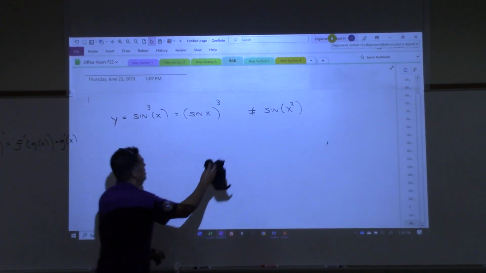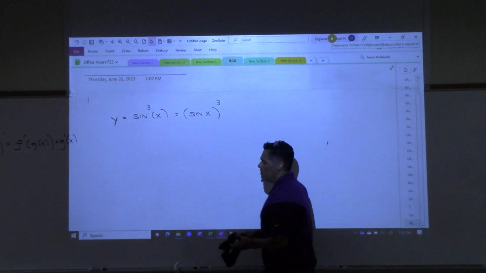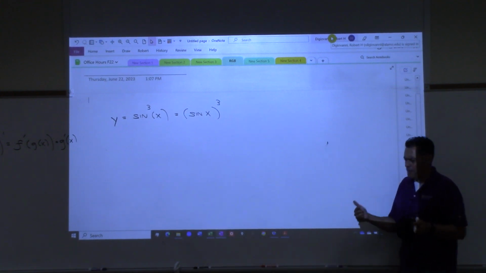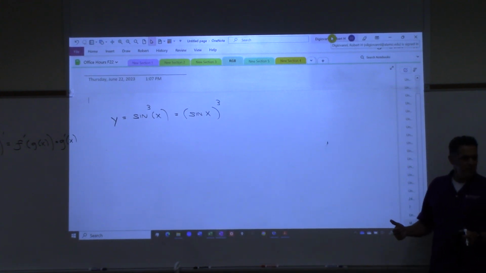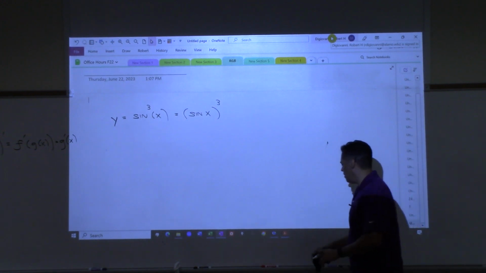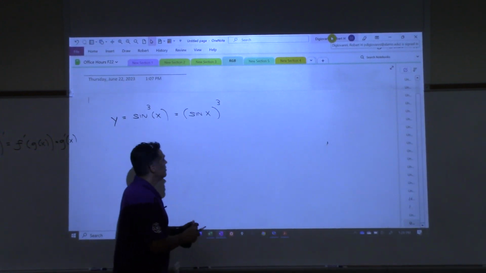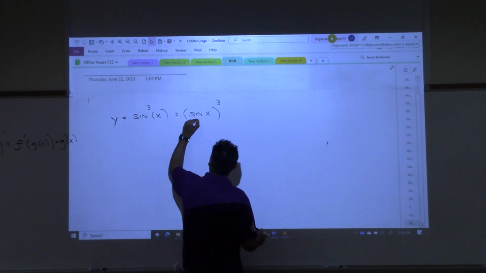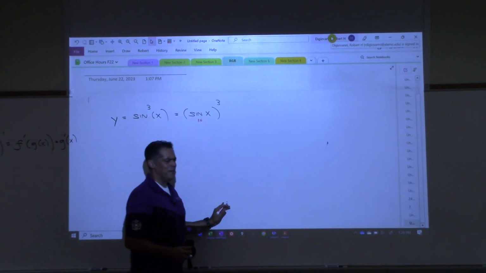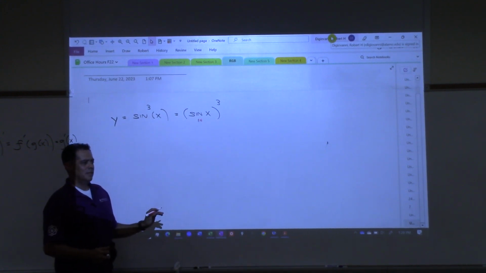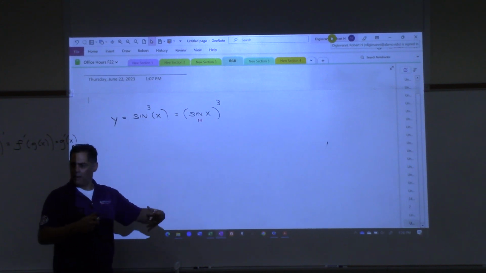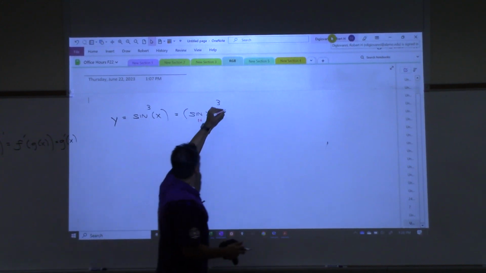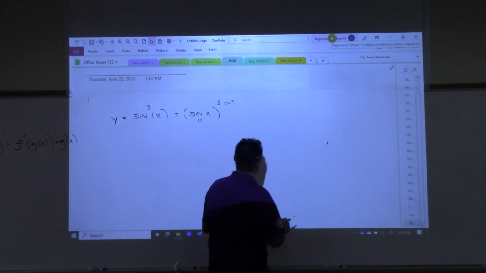All right, so do you see a function inside of another function? Yes? What do you see as the inner function? Sine x. And what do you see as the outer function? Something cubed, right? So the outer is this.